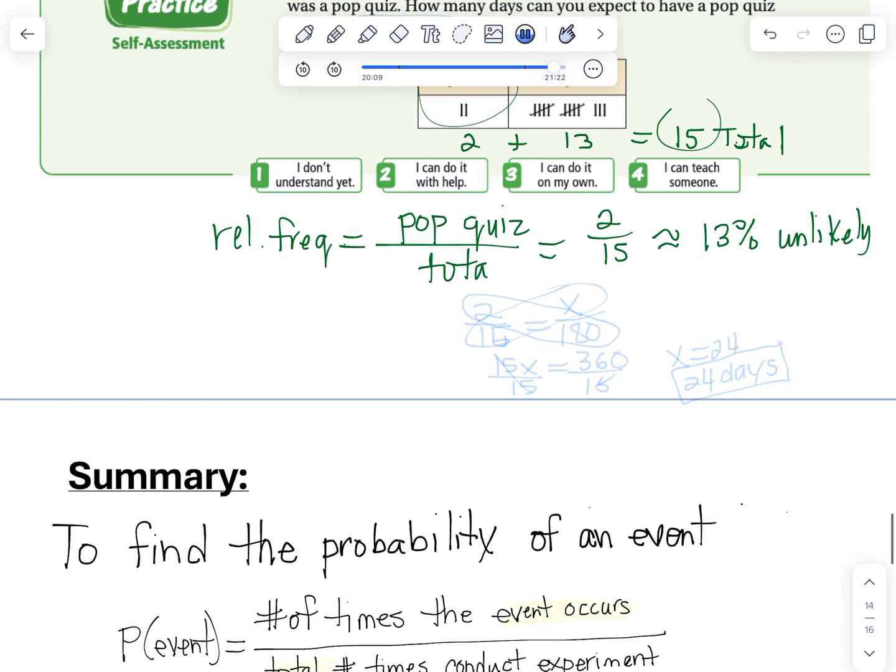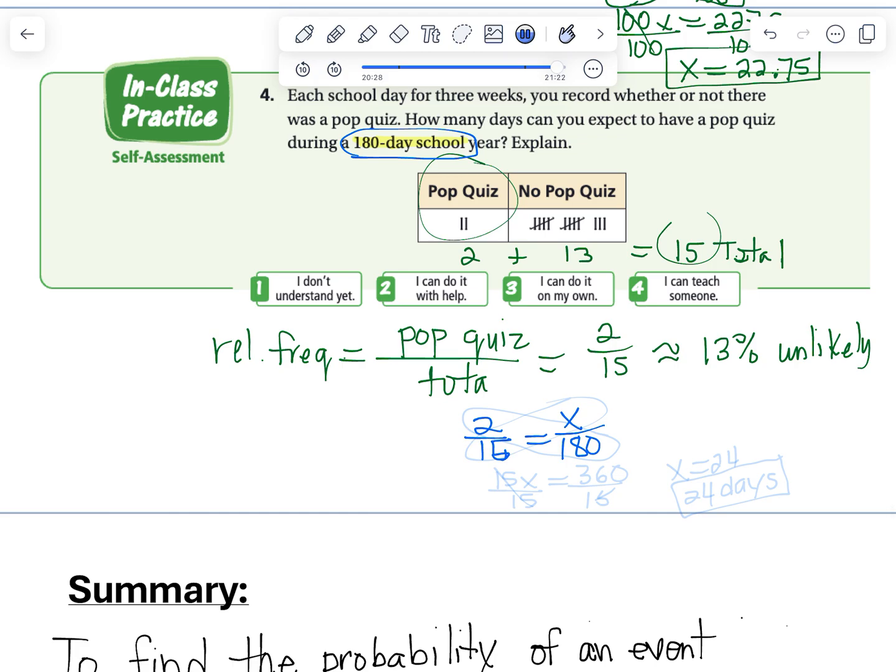Now they want us to do the second part: during a 180-day school year, how many times would you expect a pop quiz? Well, we know 2 out of 15 days we're going to have a pop quiz. So now we have to figure out how many out of 180. We'll set up our cross multiplication again. 15 times x is 15x. 2 times 180 is 360.